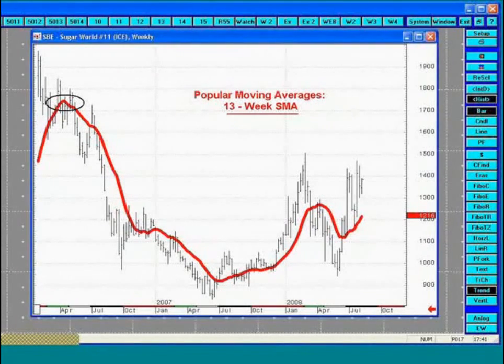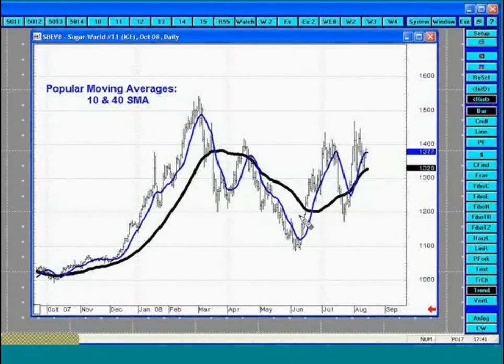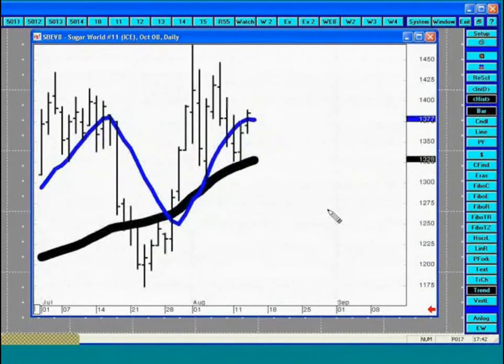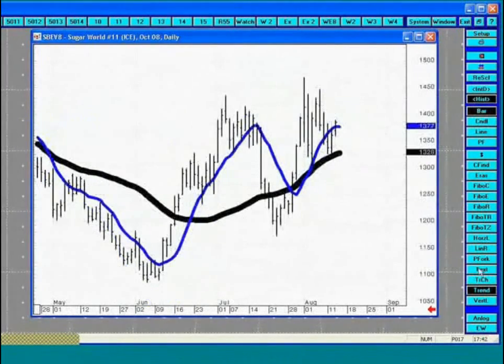Well, here's the 1040. That's what makes one of the moving averages, I think, very exciting. And what I mean by that is these moving average settings are set on the close.